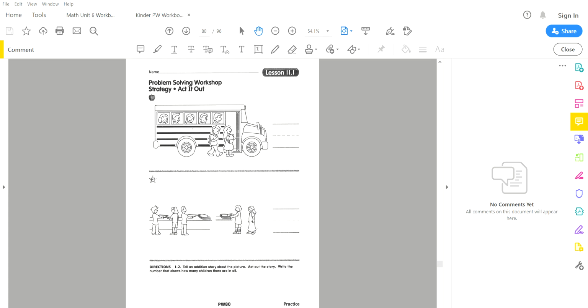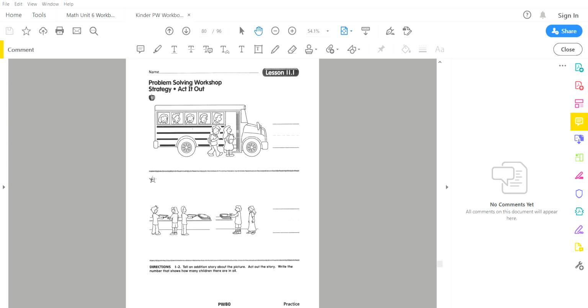So go ahead and flip your packet over and you'll see this page, lesson 11.1, a picture of a school bus and some students in a cafeteria. Let's take a look at number 1. I'm going to read you a math story. I would like you to use addition to see how many students there are in all. When you figured it out, write the answer on the handwriting line, but make sure you listen to this story first.